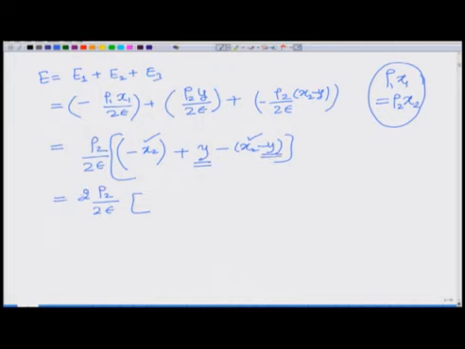So, 2 also I can take common, and then I have y minus x2. So, that is the electric field at that particular point.